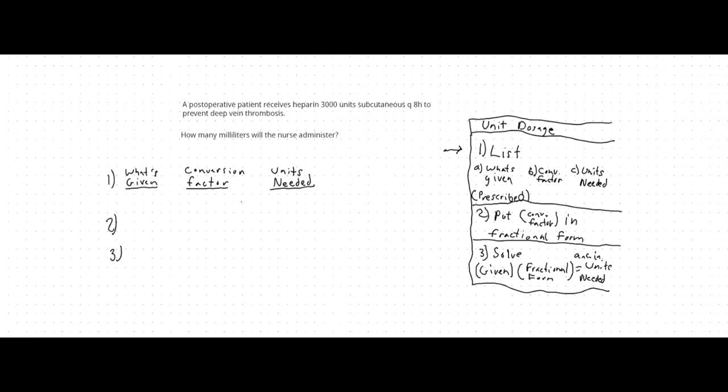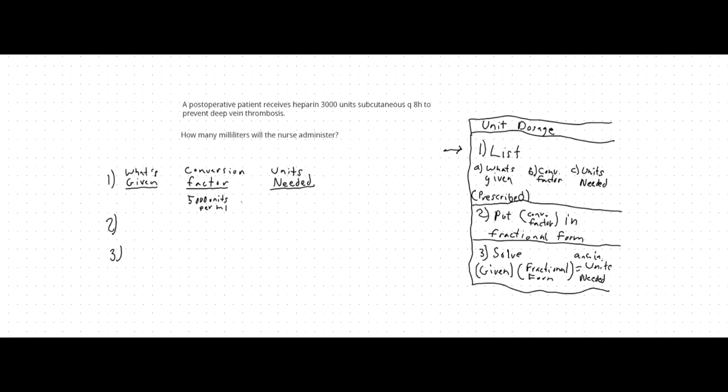The conversion factor on the label was 5,000 units per 1 milliliter, or per ml. Now, in algebra, the one is invisible, so I don't have to write 1 ml. If it says per ml, that's the same as one ml, because in algebra the number one is not always written.